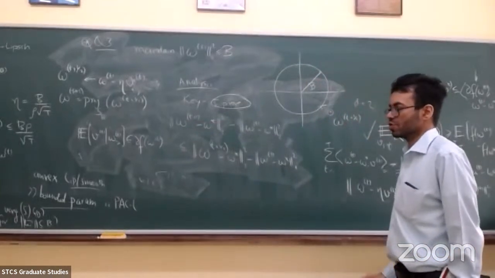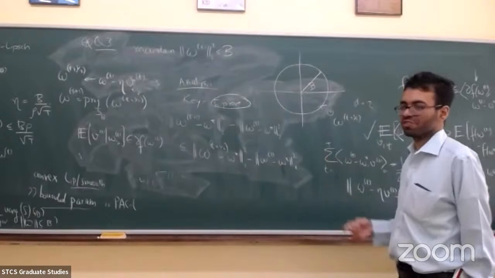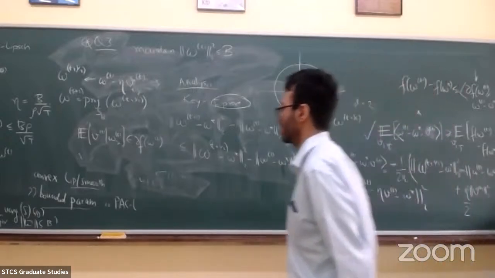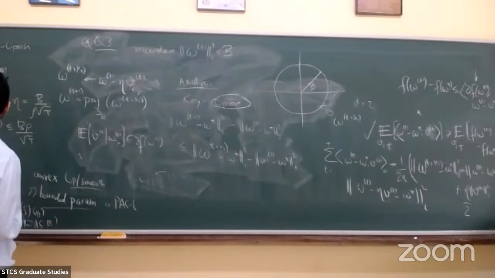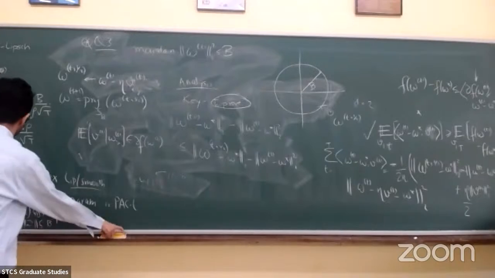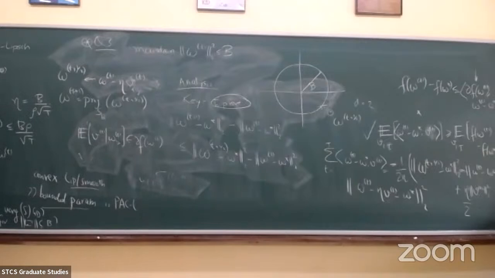And so here is the key lemma of projection, which is kind of easy to visualize, but I just state it here. This is the projection lemma which I want to use.